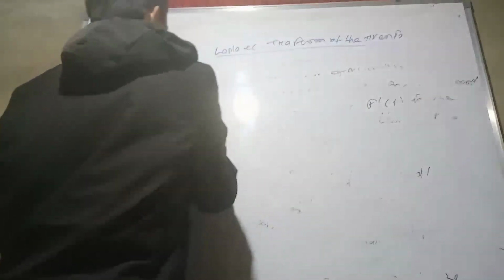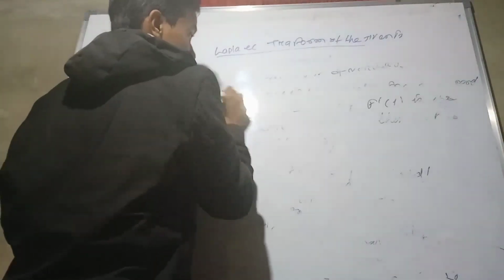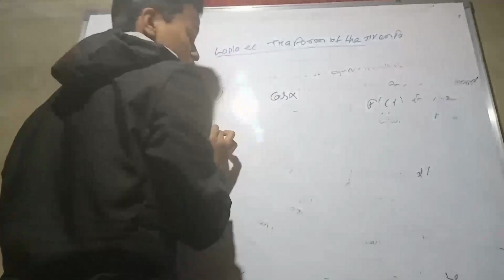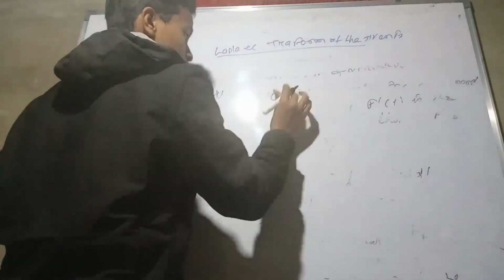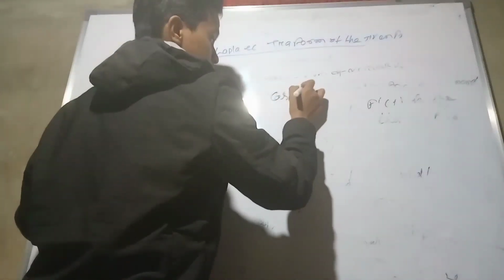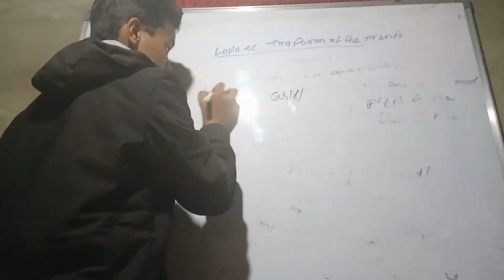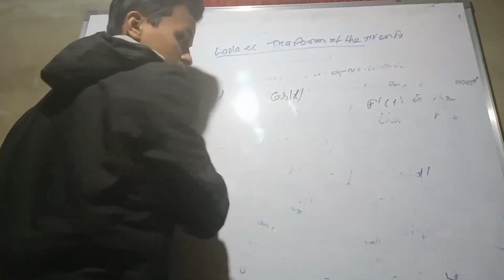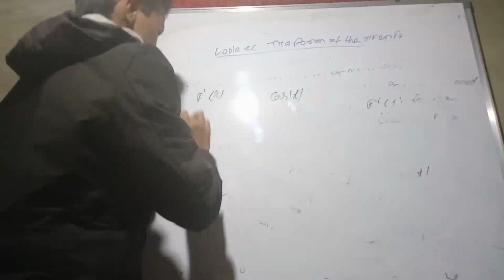Now we find a Laplace transform. Find the Laplace transform of f dash t. We have f(t) equal to cos t. We have to find the Laplace transform of f dash t. We know that it is a derivative.